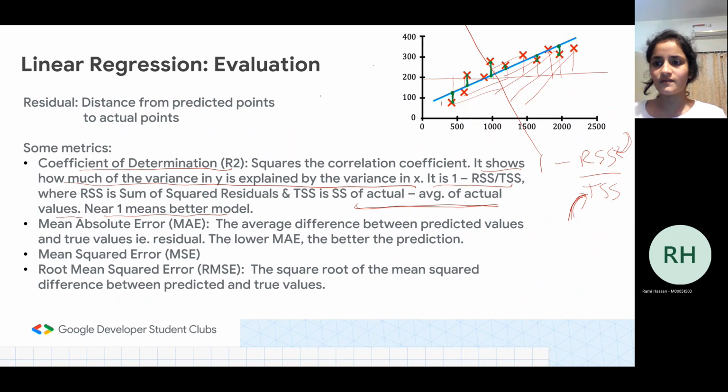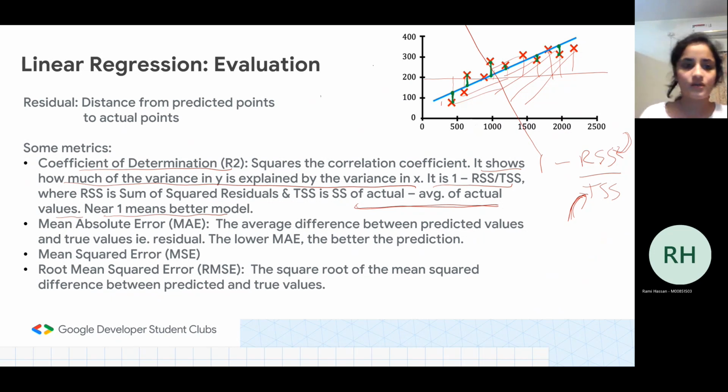And 1 minus that, you can get either a really big decimal, because RSS by TSS is going to be a proper big value, not a small decimal, and you're just subtracting it from 1. So either you're going to have something like 0.01 in the end, or even a negative value. If it's that bad, then it's going to be far away from 1, like maybe 0 or -1 or even lower. It could go really bad. But basically, if it's a good model, you'll get somewhere close to 1. And if it's a bad model, you're going to get somewhere far away from 1.